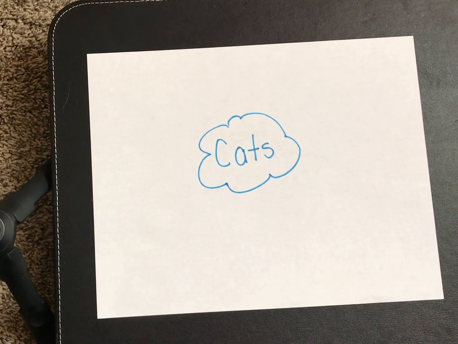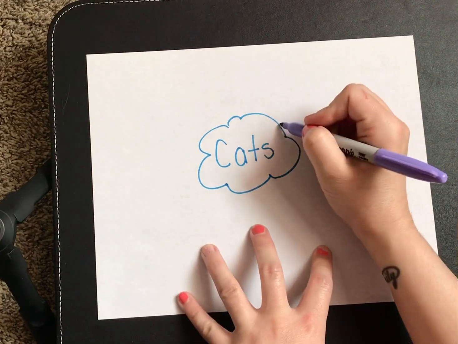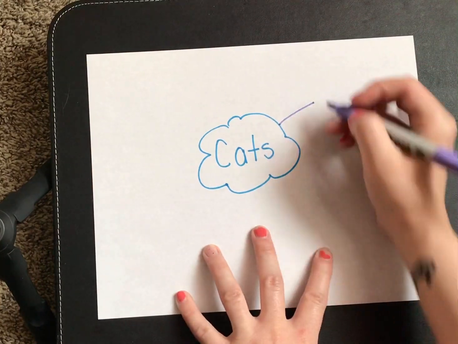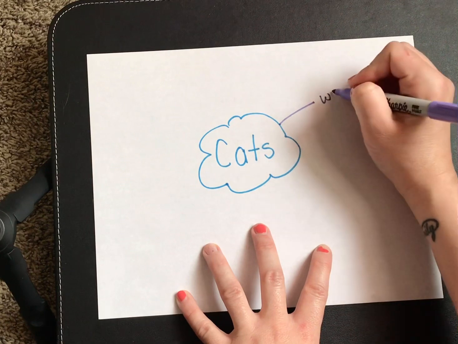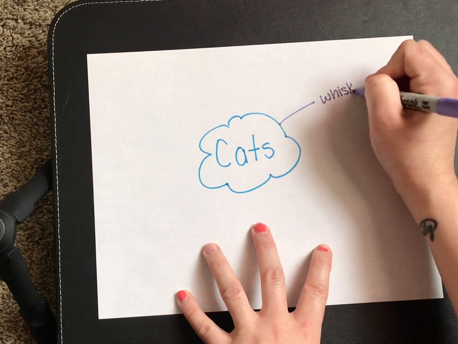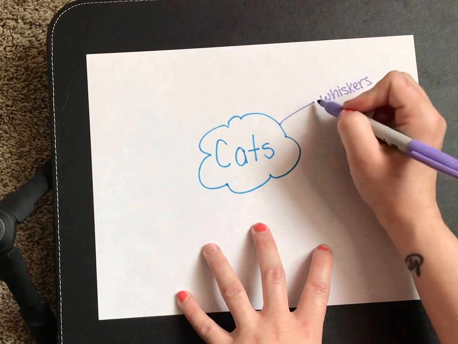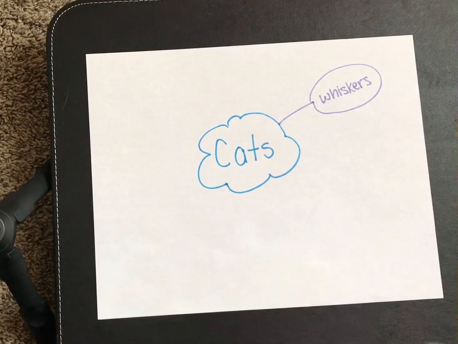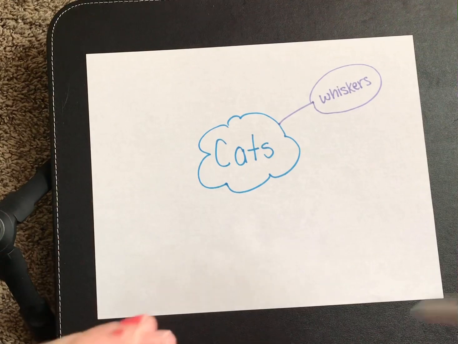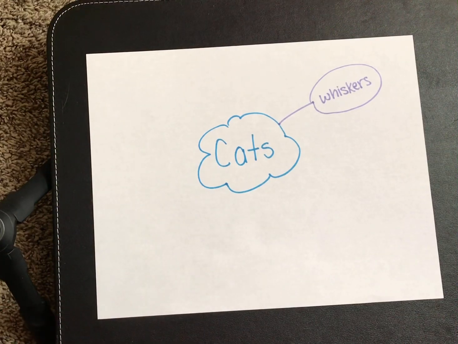I've got to think about how to break cats into smaller pieces. So what could I talk about with cats? I could talk about their whiskers. And that's important because whiskers help them sense when they're walking whether something is going to be too narrow, if they're going to be able to fit. If something touches their whiskers, they try not to go in those small spaces.